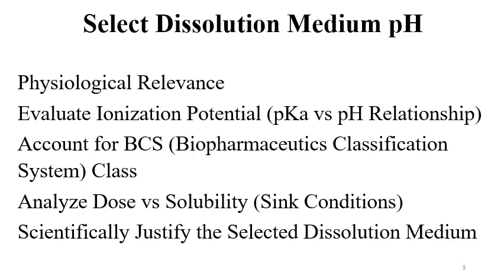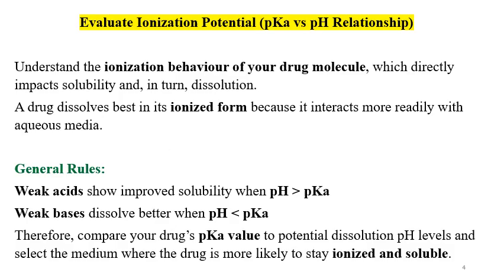We should check the sink condition and then we can select the specific dissolution media and its pH. So we need to justify the media and the media pH scientifically based on the formulation and the API properties. Evaluating the ionization potential, pK versus pH relationship: understand the ionization behavior of the drug molecule. It impacts the solubility, and solubility has impact on dissolution.